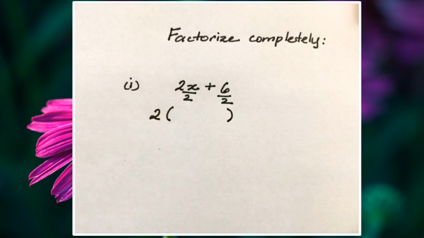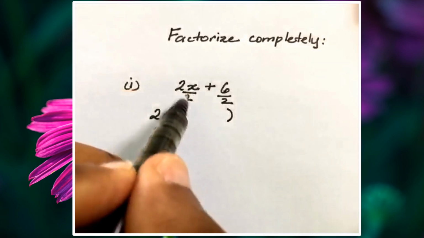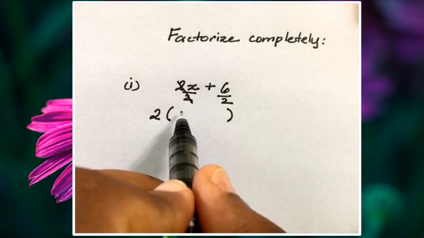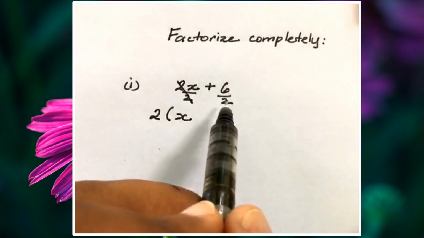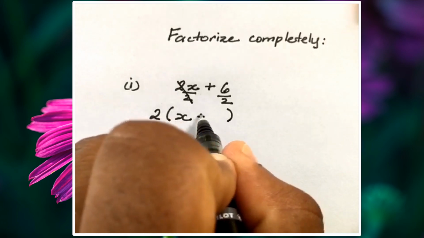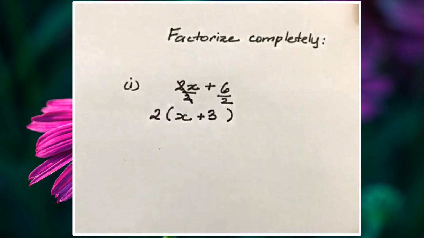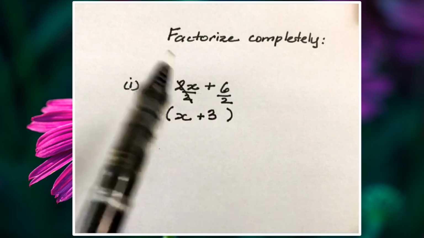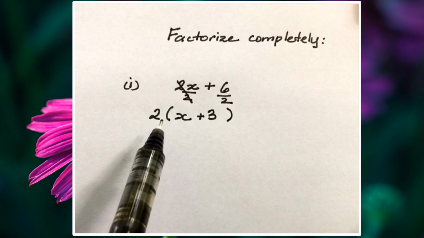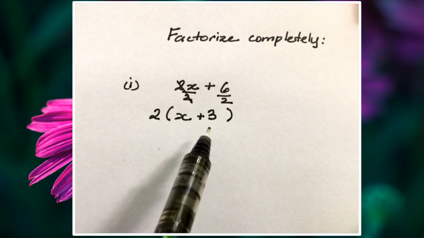And it's the highest common factor. So 2 into 2x, these cancel, leaving us with just x. And 2 into a positive 6 goes positive 3.